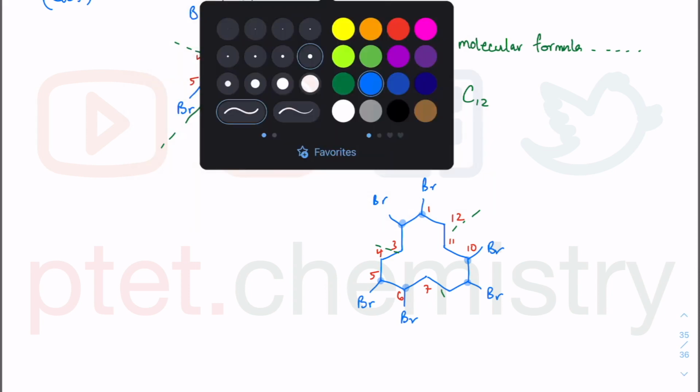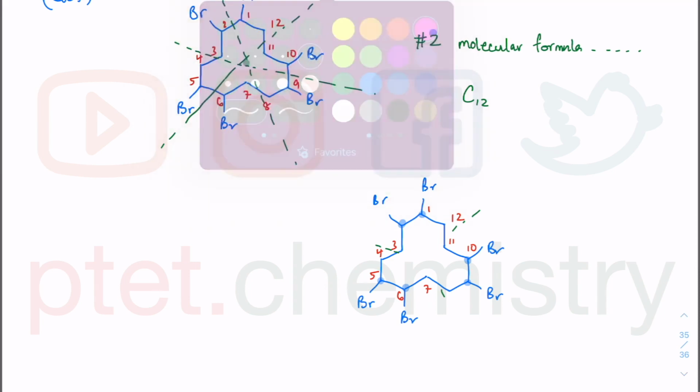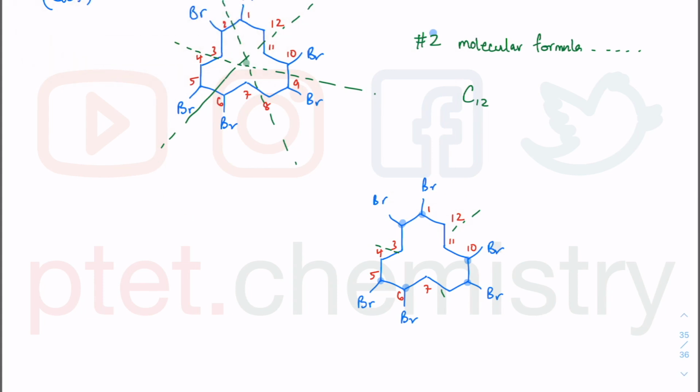And then if I use a pink one, there will be 2, 4, 6, 8, 10, 12. So 12 plus 6 of that blue one, there's going to be 18 hydrogen. 18 hydrogen, C12H18Br6, and not as given, C12H20Br6.